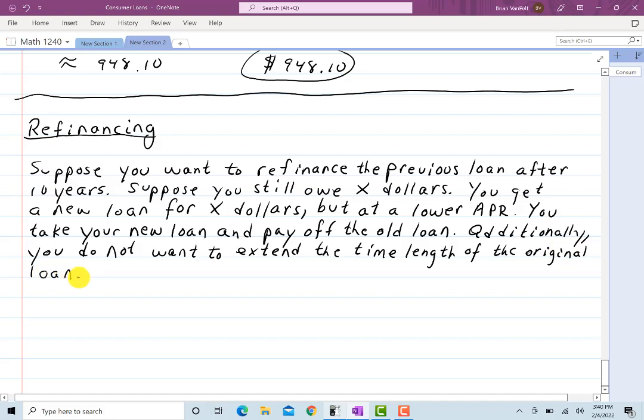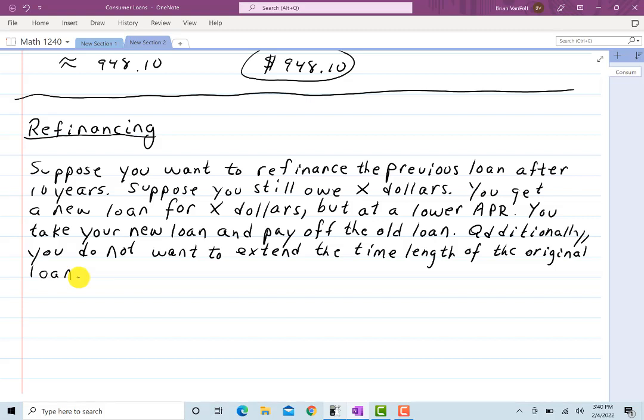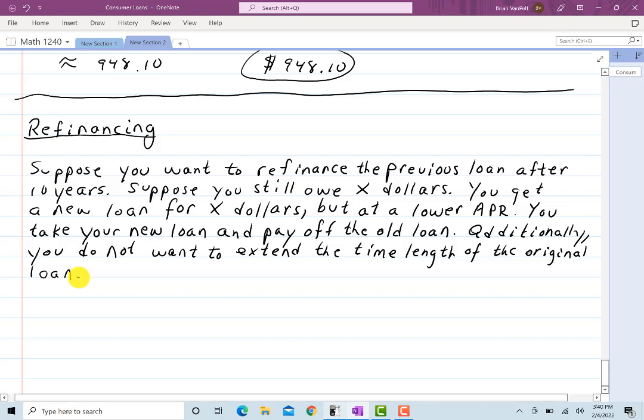So what I want to do is refinance at a lower rate, but at the same time, I don't want to spend more than 30 years total paying off the whole loan altogether.